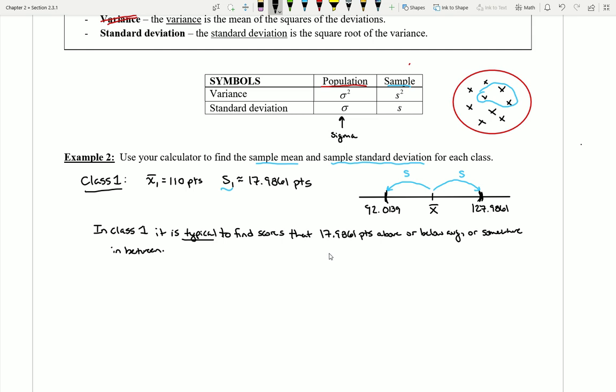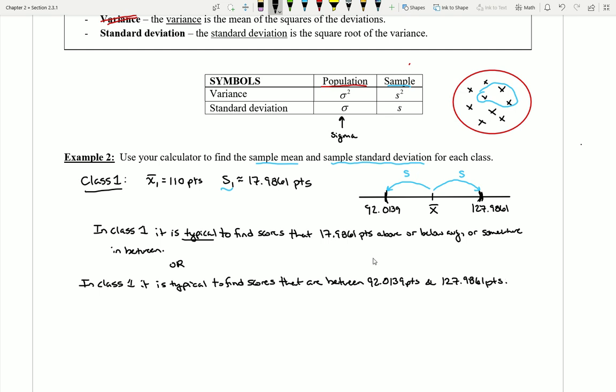Now, another way that I might word this interpretation would be to say that in class 1, it is typical to find scores that are between 92.0139 points and 127.9861 points.